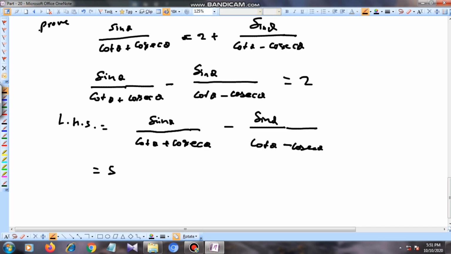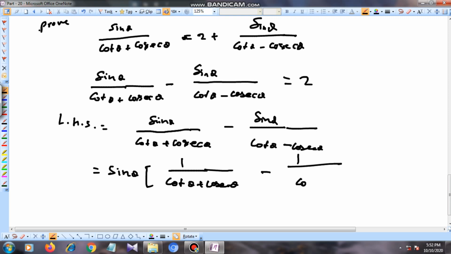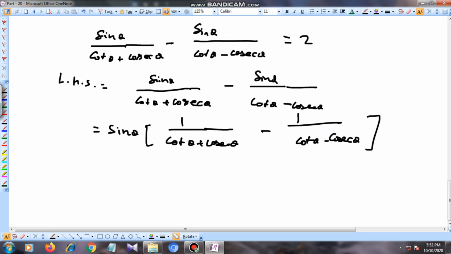Taking sine theta as a common, we get 1 upon cot theta plus cosec theta and minus 1 upon cot theta minus cosec theta. Now taking LCM and solve.